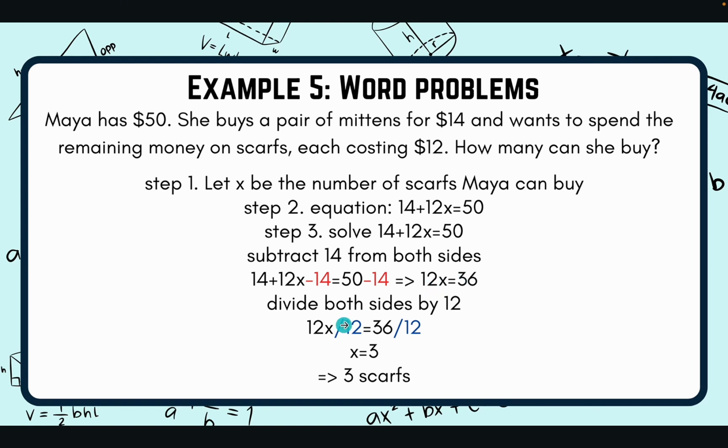So it is 12x over 12 equals 36 over 12, which becomes x equals 3. And since x was the number of scarves Maya can buy, the value of x is the answer to this question, which is 3 scarves.